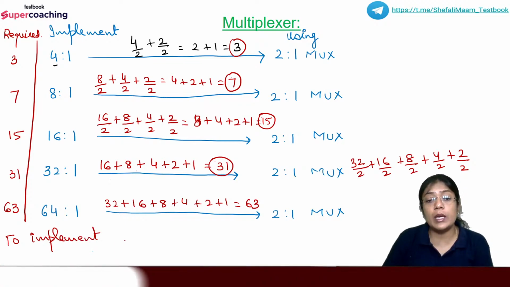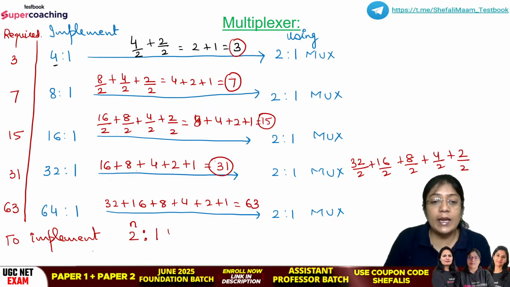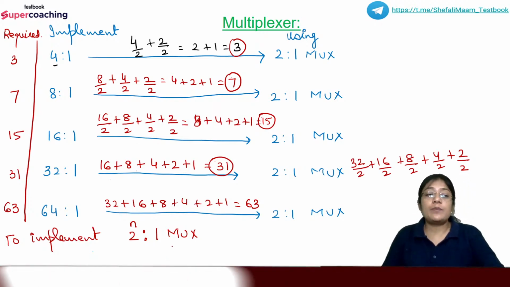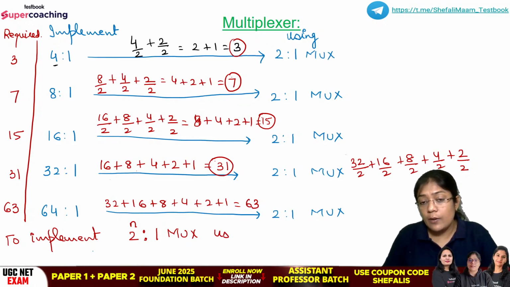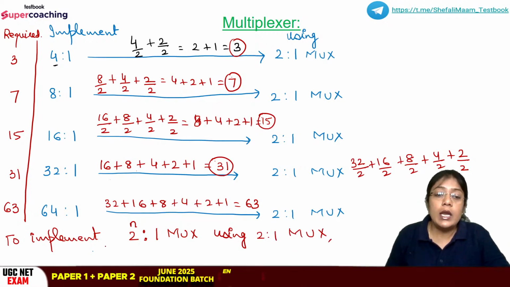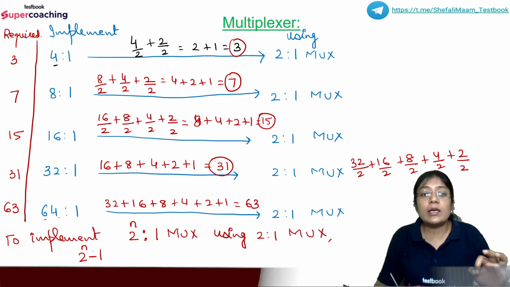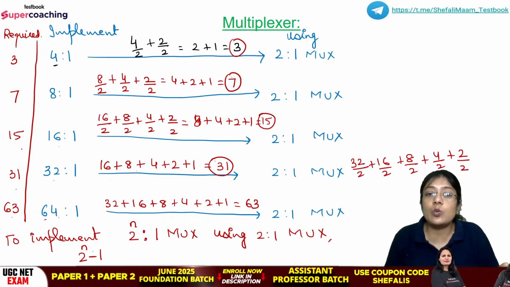In order to implement 2 raised to power n to 1 multiplexer, क्योंकि जो भी number of input lines है that will always be in power of n, 2 raised to power n to 1 multiplexer using 2:1 mux, कितने मल्टीप्लेक्सर्स चाहिए? 2 raised to power n minus 1. जो भी यहाँ पे साइज था उसमें से 1 सब्ट्रैक्ट कर दिया. 64 minus 1 is 63, 32 minus 1 is 31, 16 minus 1 is 15.